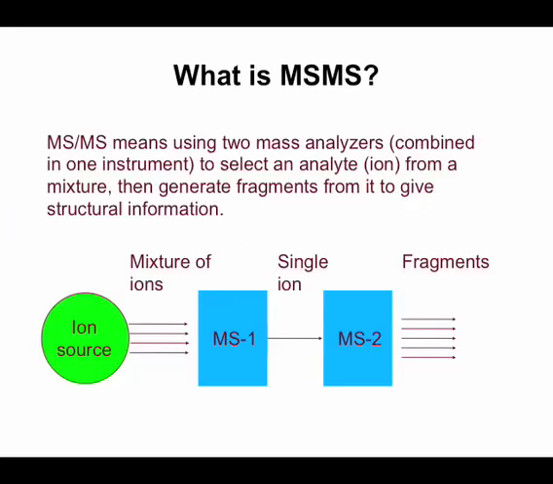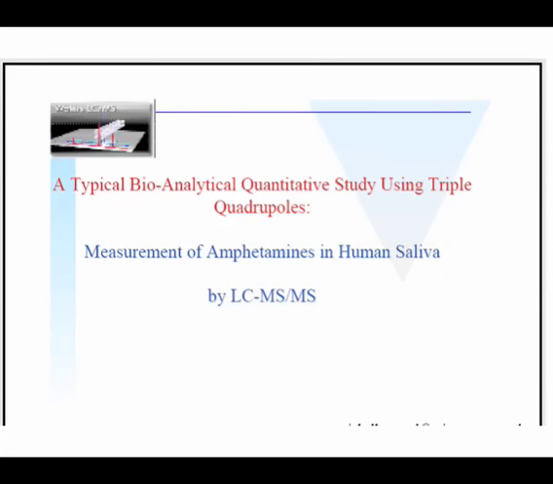So I would like to explain what we are doing. Very frequently we do MS/MS, and metabolites usually cannot be analyzed without this. So we use 2 MS analyzers combined in one instrument to analyze the analyte ion, and it is separated from the mixture, and then fragments are generated and then analyzed through MS again, and I will show you this in an example.